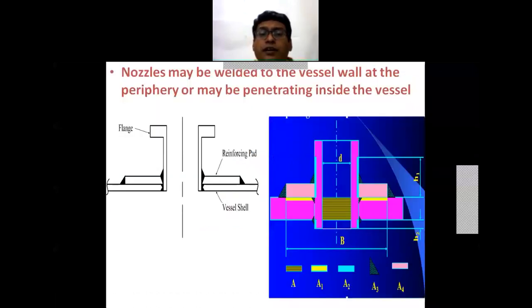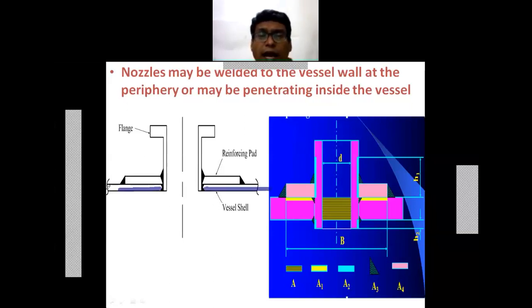Now in this figure you can see the vessel shell, the original vessel that is available. This portion is removed from this side, and there we are provided with the nozzle.